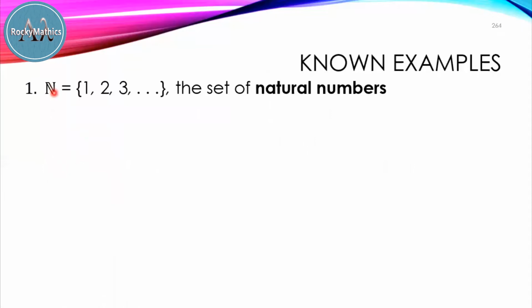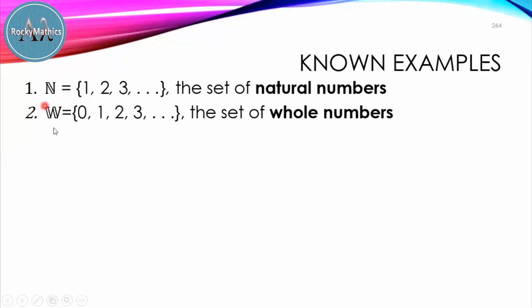We have N, which is the notation for the set of natural numbers. The set of natural numbers in this method starts from 1, 2, 3, and so on. Number 2, the set of whole numbers, starts from 0, 1, 2, 3, and so on. So actually, the set of whole numbers is the set of natural numbers including 0.